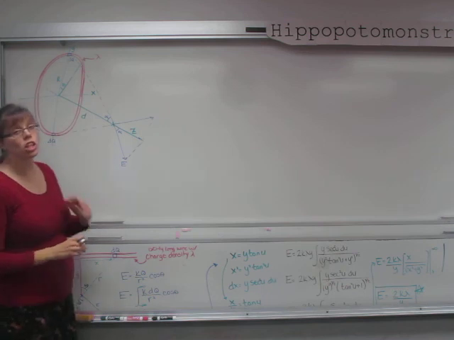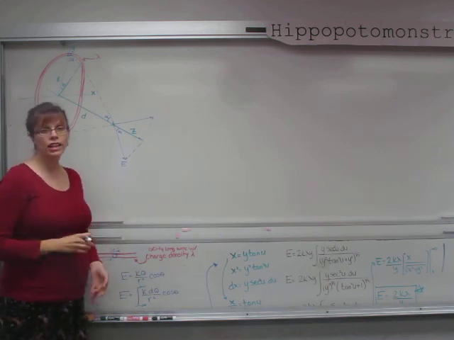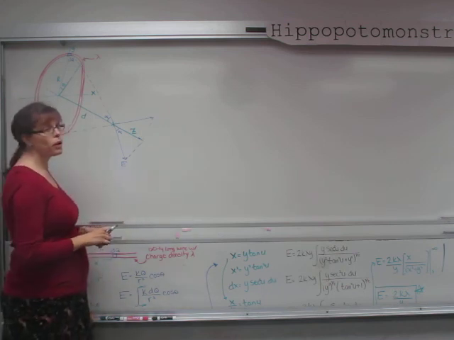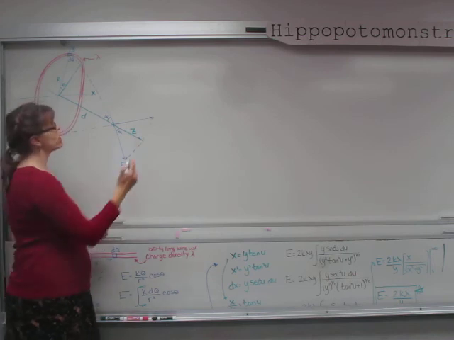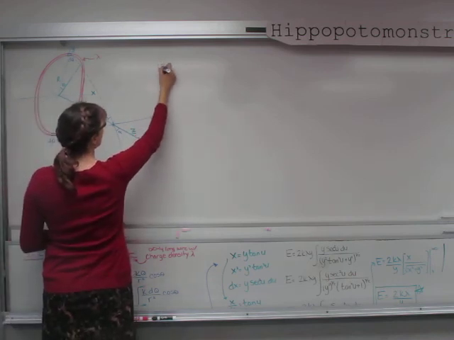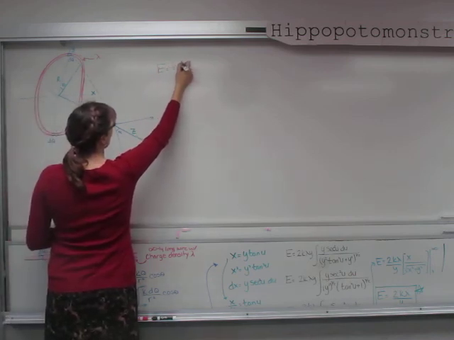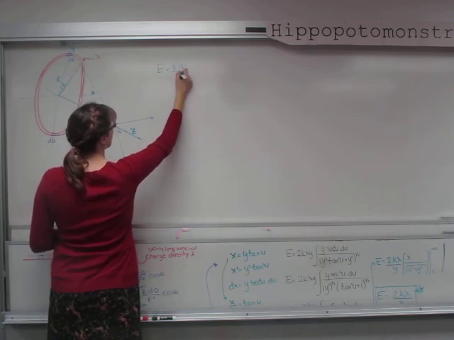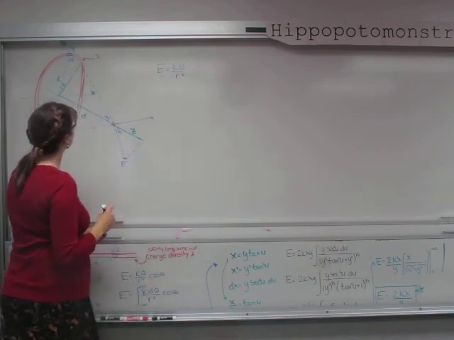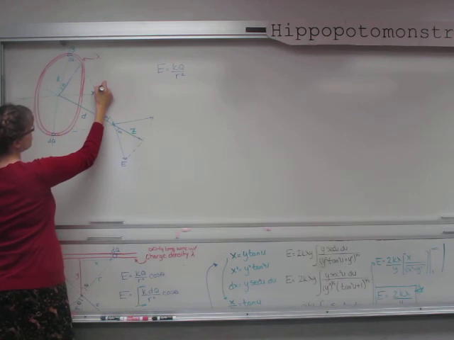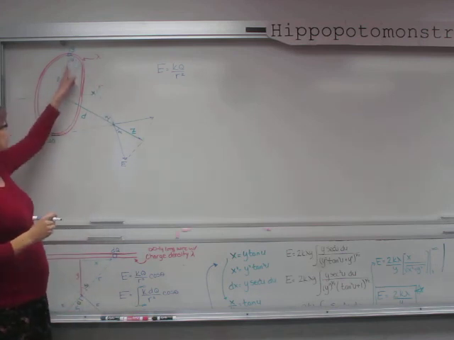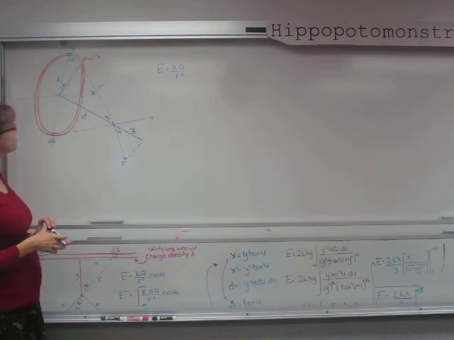Since we're adding little tiny point charges around the wheel, we could use Coulomb's law for point charges. So electric field is equal to kq over r squared. And here's our, we'll call it small r. Call the large R our radius.